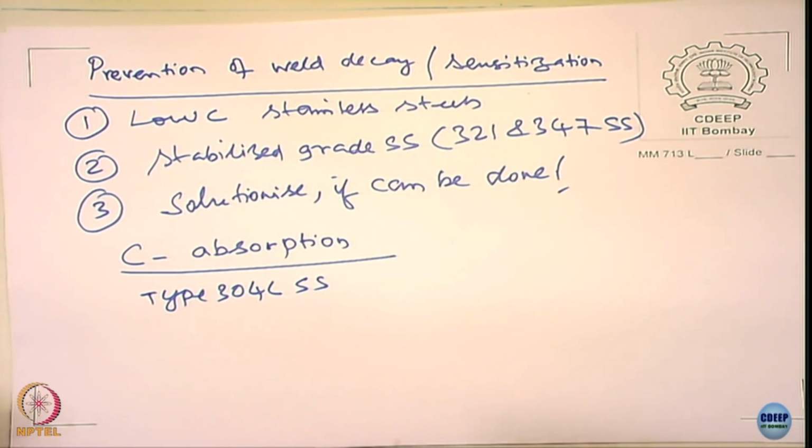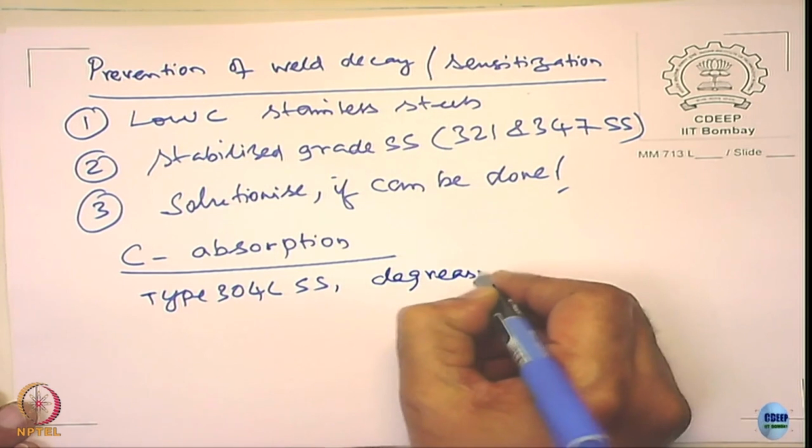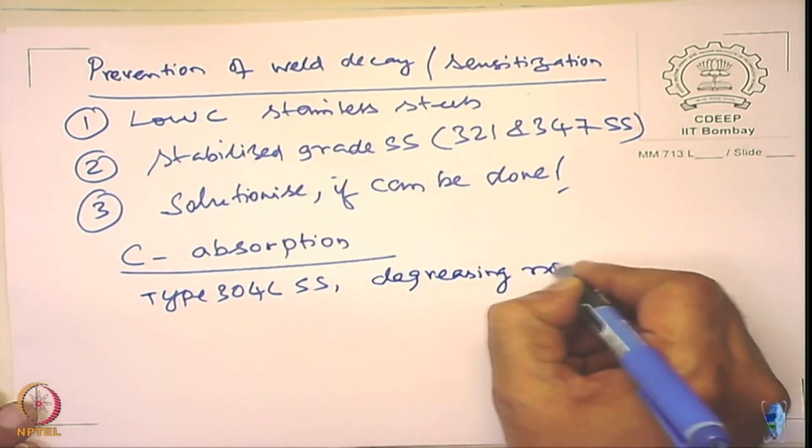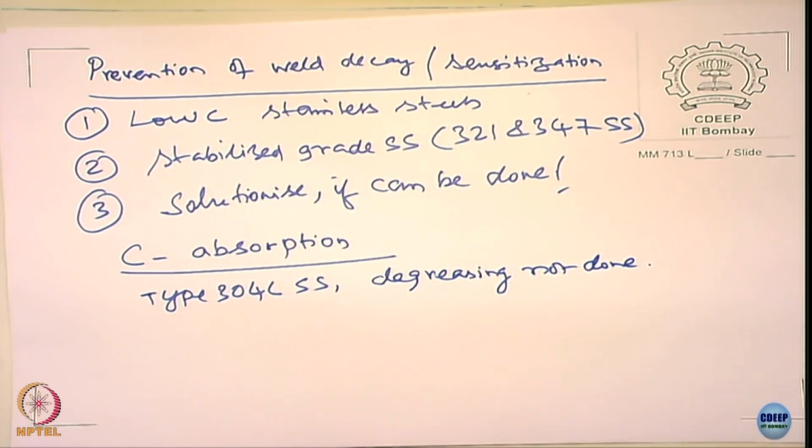What he didn't do was degreasing. The surface had some carbonaceous matter, right, some grease or something. You weld it, it picks up carbon quite a bit. So, carbon pickup in low carbon stainless steels is quite easy, it happens. So, you need to be extremely careful in welding low carbon stainless steels. This is process related, okay.